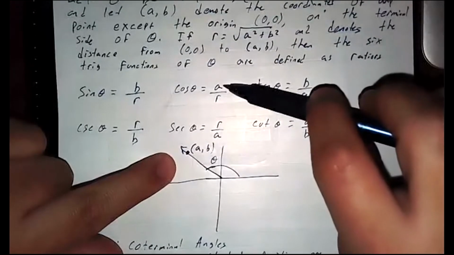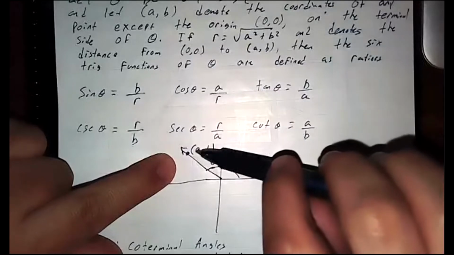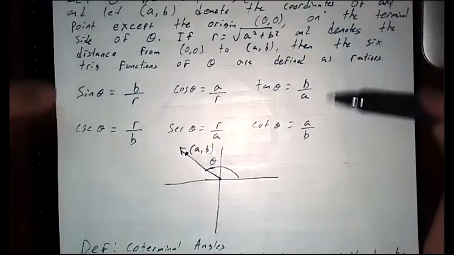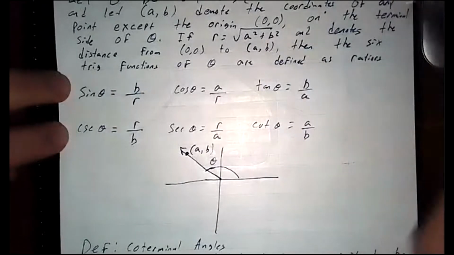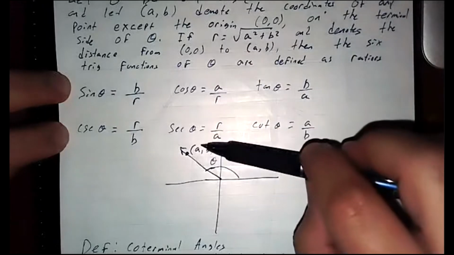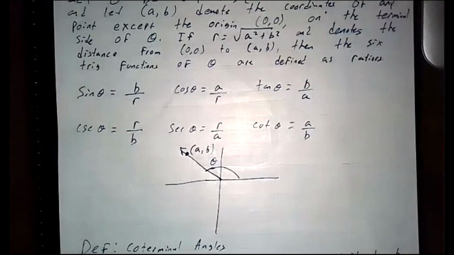Cosine is defined to be a over r. Then cosine would simply be a. But since r is 1, we don't have to worry about it. So this is a more general definition. But at the very beginning of chapter 7, we said that cosine is equal to this x value. Excuse me. Now it makes sense. Thank you.